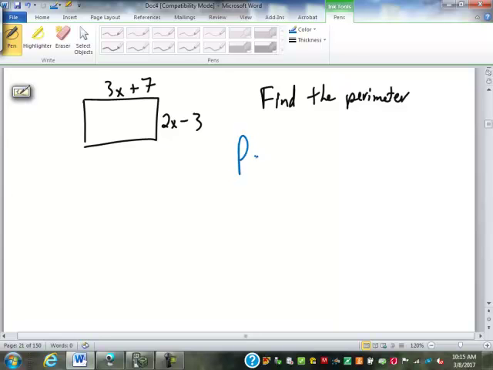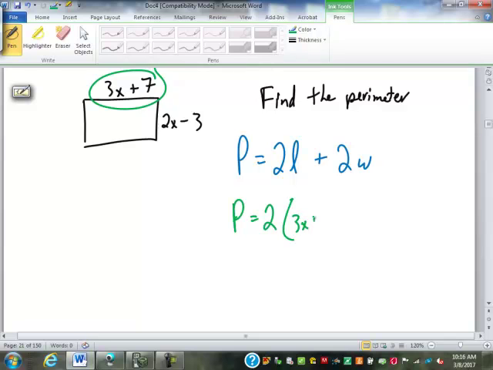Well, remember, perimeter is 2 times the length plus 2 times the width. What's the length here? 3x plus 7. So I put in 3x plus 7 there. Plus, bless you, 2 times the width. What's the width? 2x minus 3.